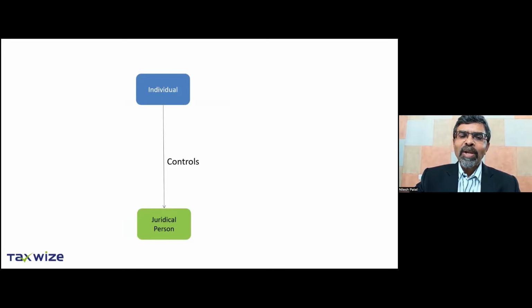This is where an individual controls a juridical person. I will explain what is meant by control a little later. Here, the individual controls the juridical person indirectly through an intermediary, maybe through a company.